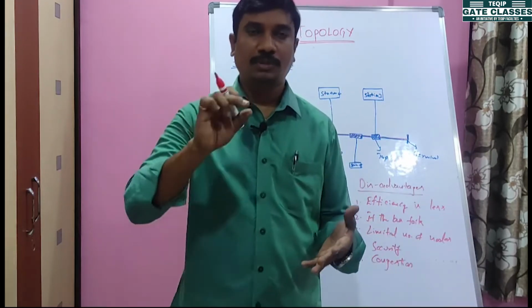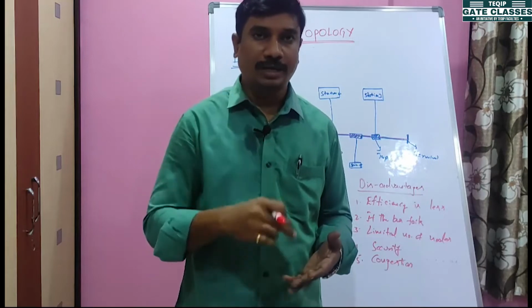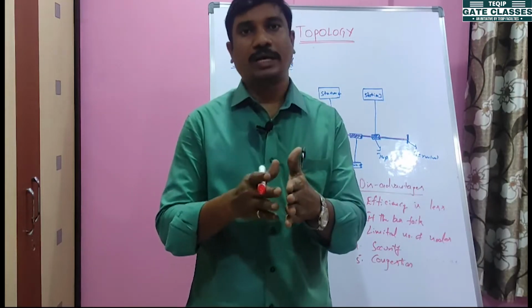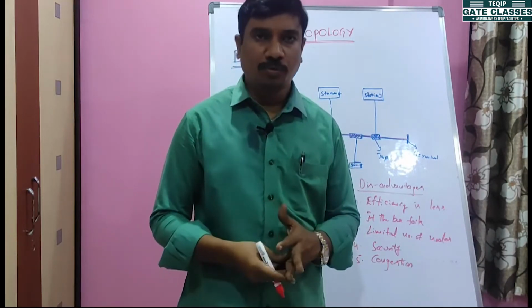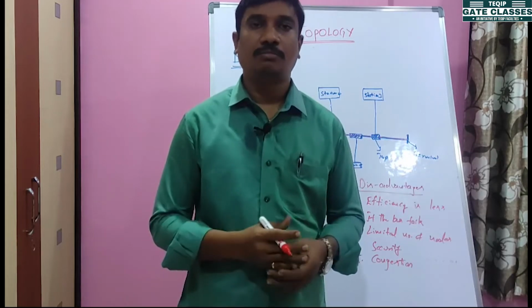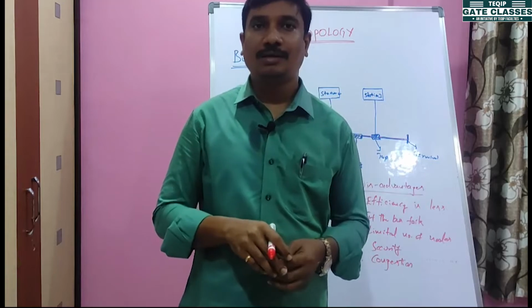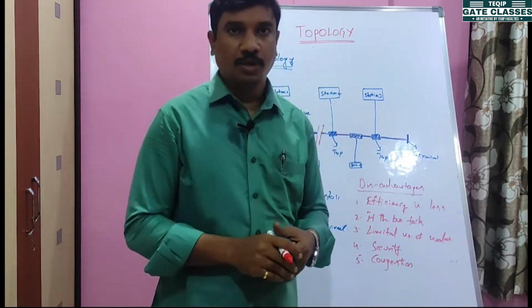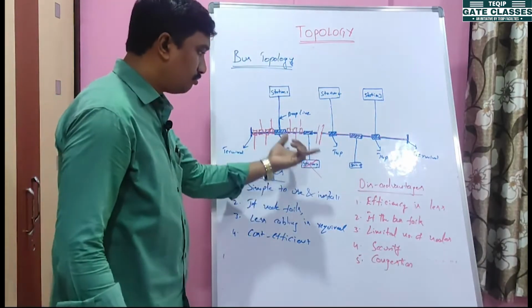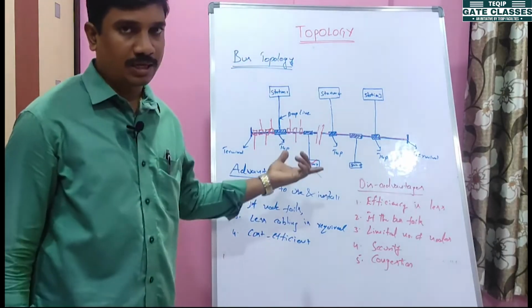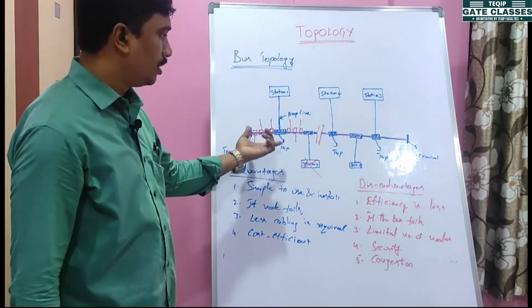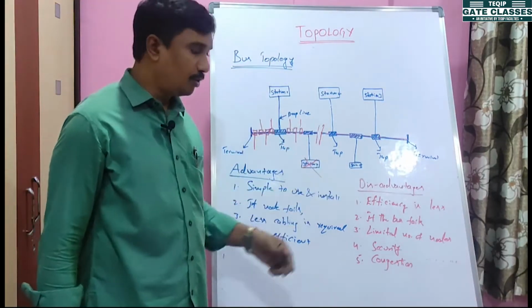The maximum number of households is fixed, and it is not possible to give a new connection. It means that only that many taps are there in that backbone pipe. Similarly here also, if a limited number of nodes are there and you want more stations, it is not possible.